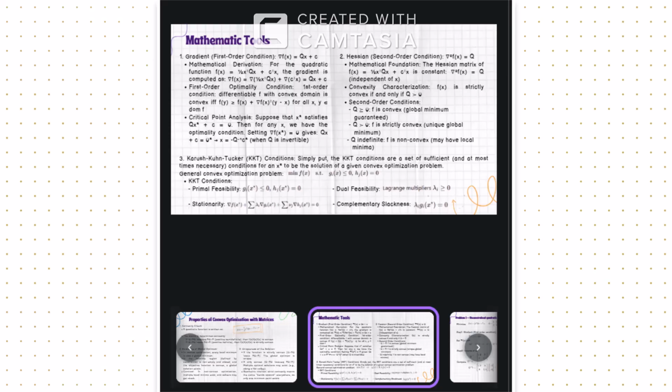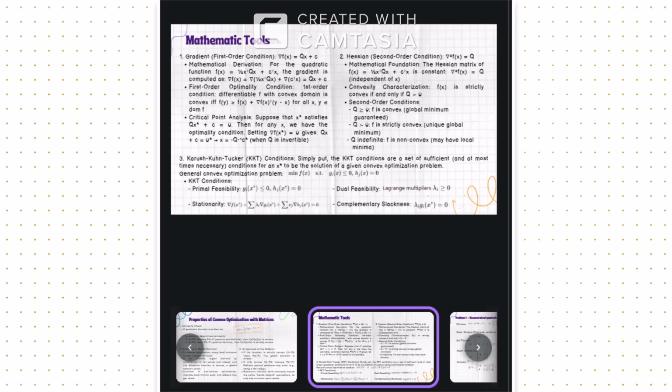First part, primal feasibility, which is represented as g_i(x*) ≤ 0 and h_j(x*) = 0. Second is dual feasibility, which is represented as λ_i ≥ 0 for i from 1 to m. Third condition is stationarity.